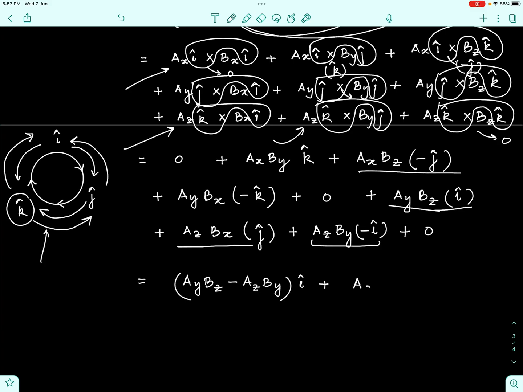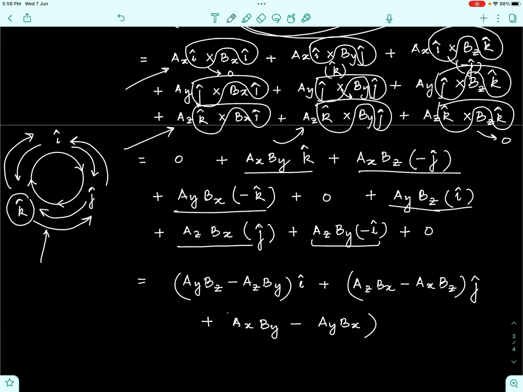So AZBX minus AXBZ into J cap, and the third set of terms containing K cap and minus K cap plus AXBY minus AYBX into K cap.